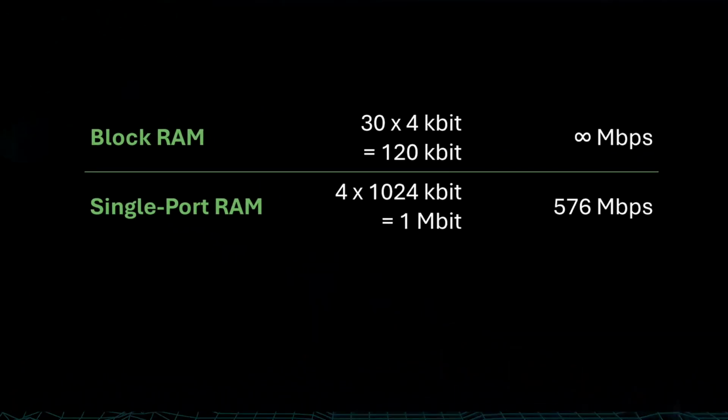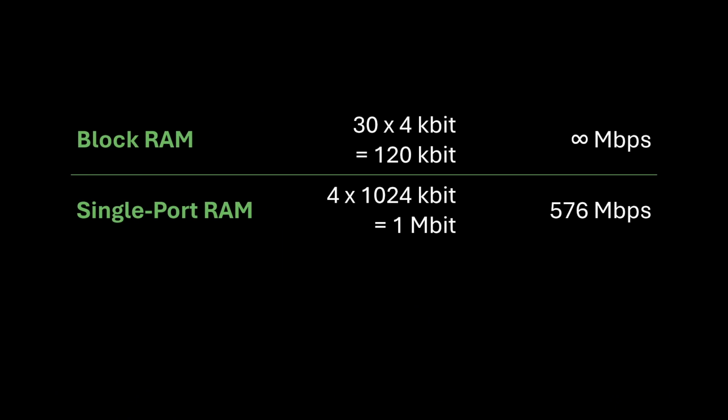The FPGA that's in this system, the ICE40 from Lattice, also has bigger blocks of RAM. It's got 4 what I call single port RAMs, and they total up to a full megabit, which is unfortunately just too small to fit our full frame in, but it's also really, really fast.